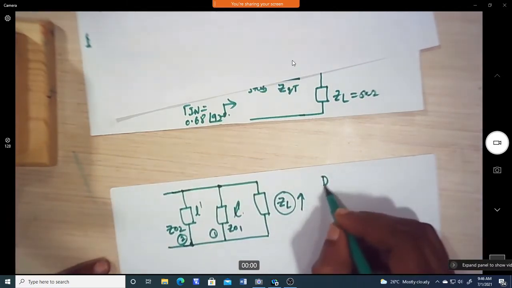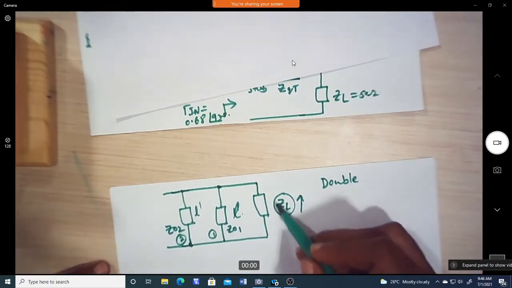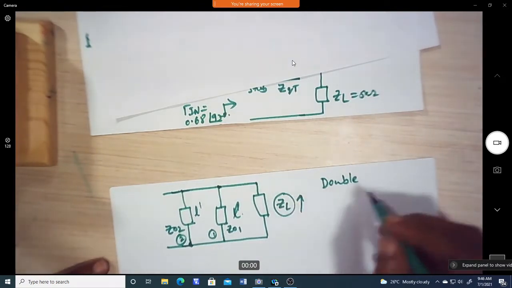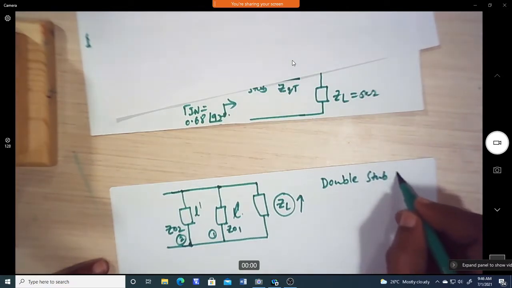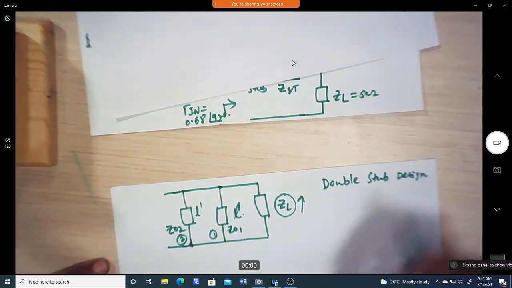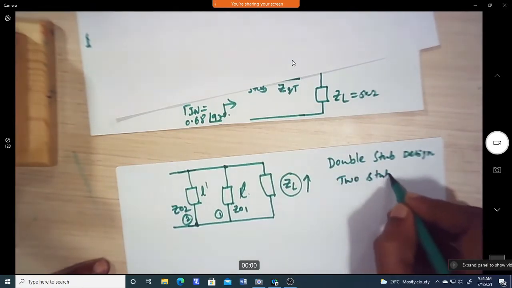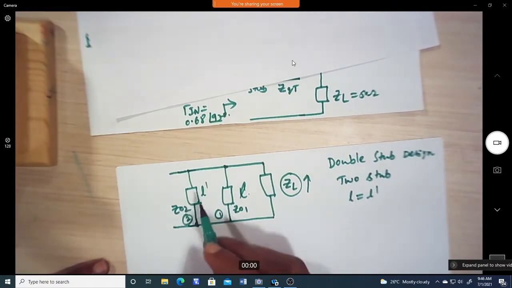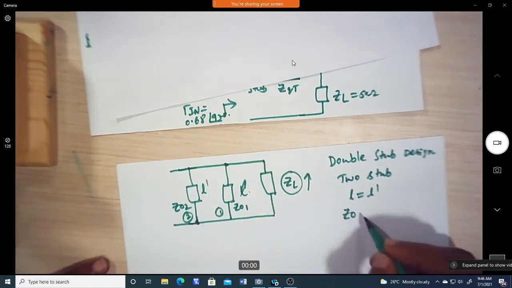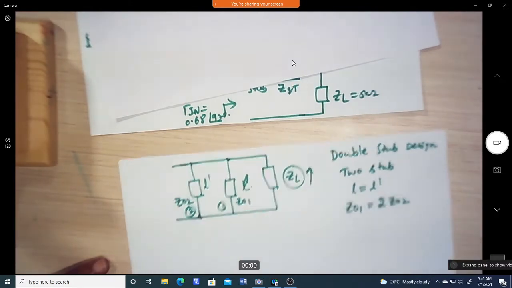We are not able to use the single stub realization where the load is varying. That problem we can fix by using the double stub design, where we take two stubs whose lengths are equal, but the characteristic impedance of one is taken as 2 times the other.